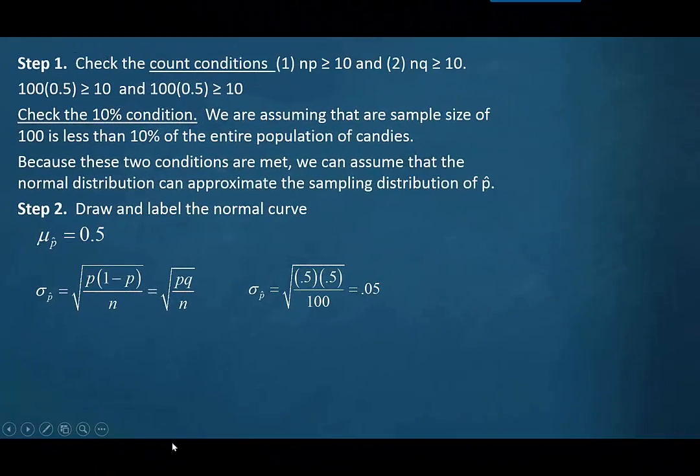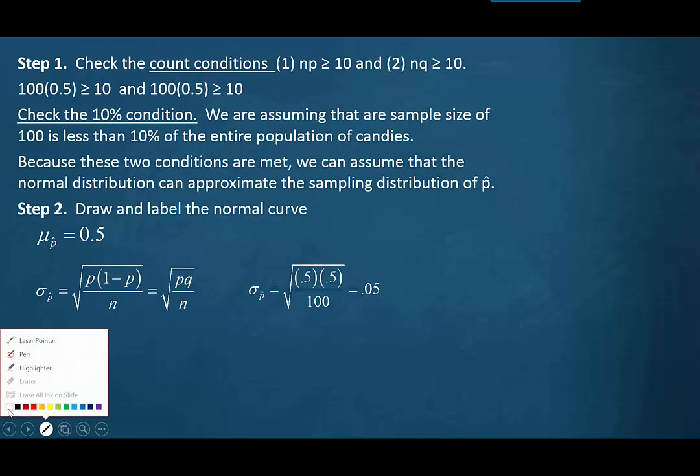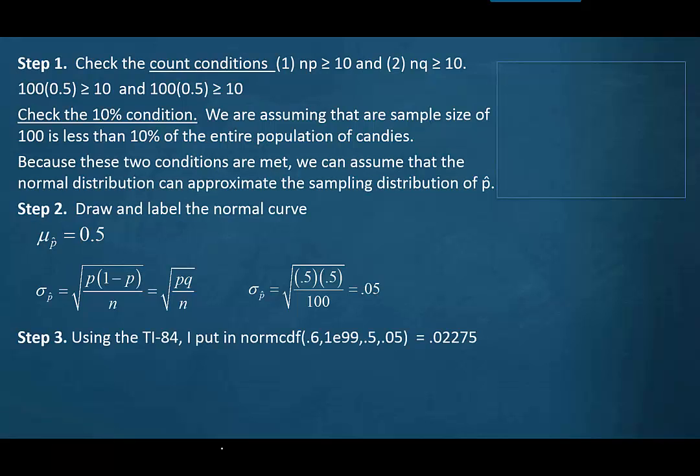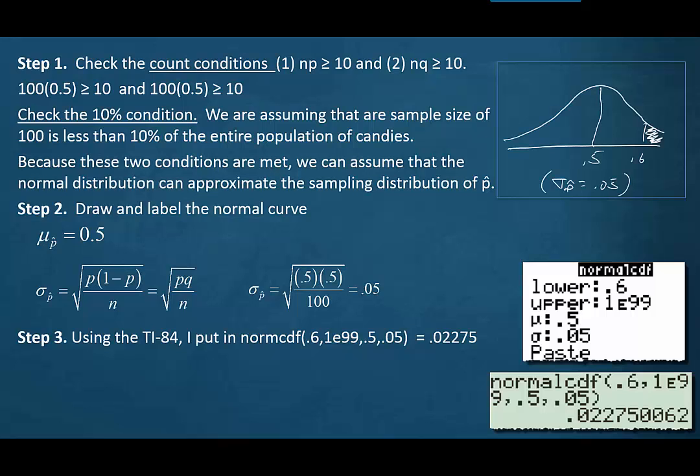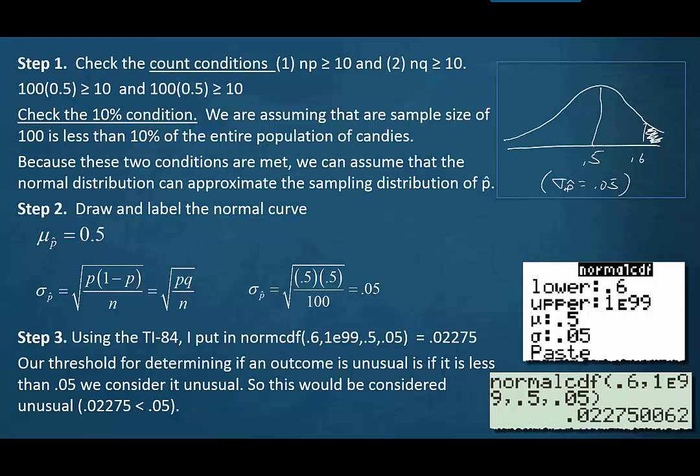Okay, when I'm using technology, the only thing that's going to be different is that I'm going to use the TI-84 to crunch out the last part. I still have the graph drawn, and as we've seen before in other examples on the normal distribution, I put in the lower bound of 0.6, upper bound 1 E 99, the mean of 0.5, sigma is 0.05, and then I paste that in, and I get 0.02275.